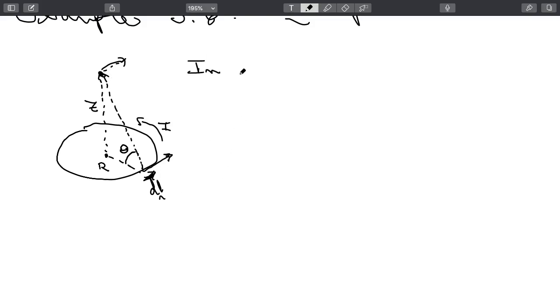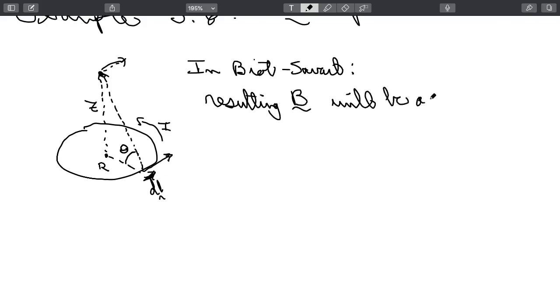So in Biot-Savart, the resulting B will be along Z. The total B is going to be just B times z hat, and this field is going to be the integral of the contributions coming from all the little segments around this circle of the vertical projection of the cross product between this vector and this vector.